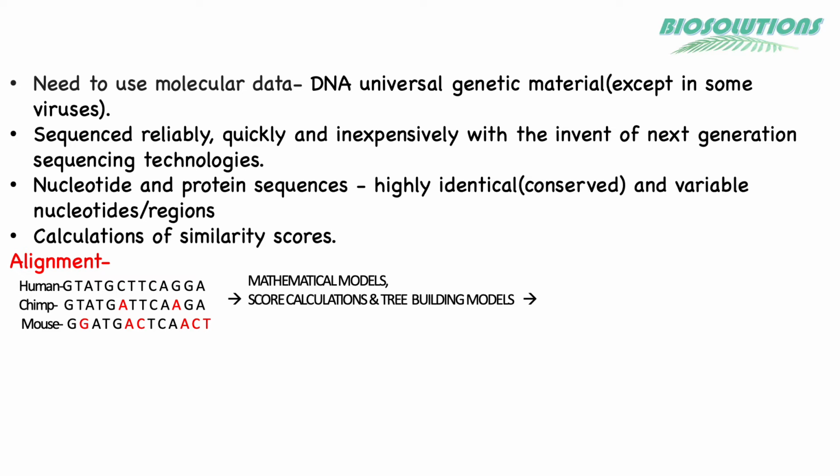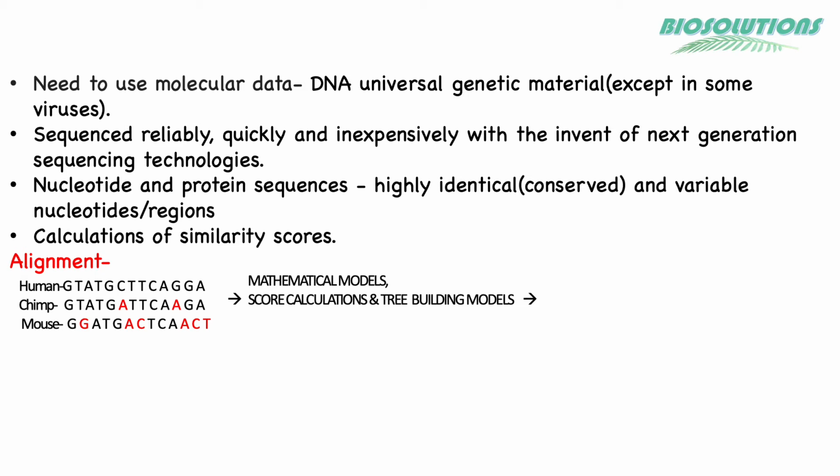Since DNA is the universal genetic material except in some viruses and can be sequenced reliably, quickly, and inexpensively with the advent of next generation sequencing technologies, its use is most appropriate for molecular phylogeny. Moreover, nucleotide and protein sequences from different organisms upon comparison may show similarities and differences which can be converted into similarity scores. These similarity scores help in calculating branch lengths and their placement on the tree.